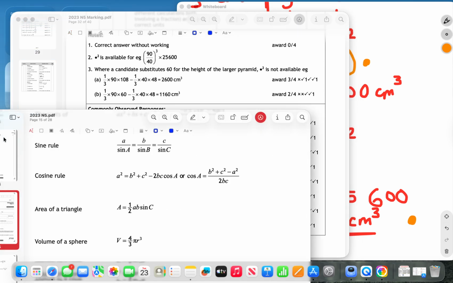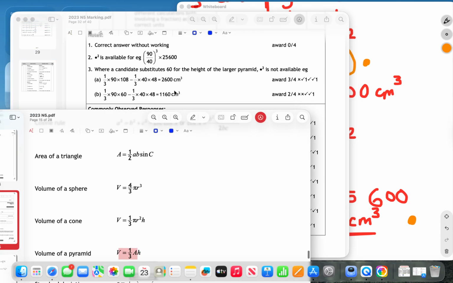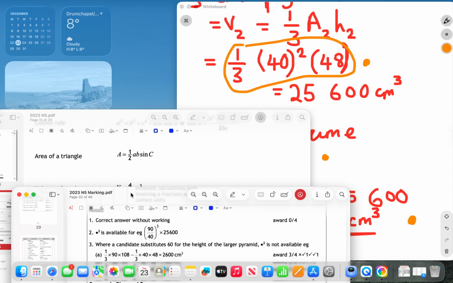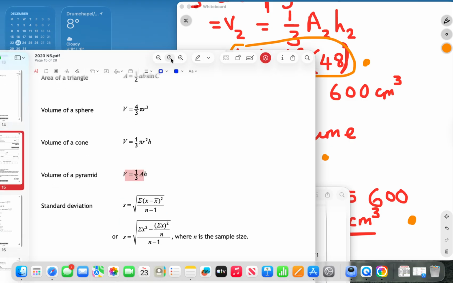The most common one was that pupils used the volume of a cone instead of that of the pyramid. But what's interesting about that is, this is a side note, it's not relevant to the question as such. For a cone, the base is a circle, and that has area pi r squared. So if you change the A for pi r squared, it's the same thing.